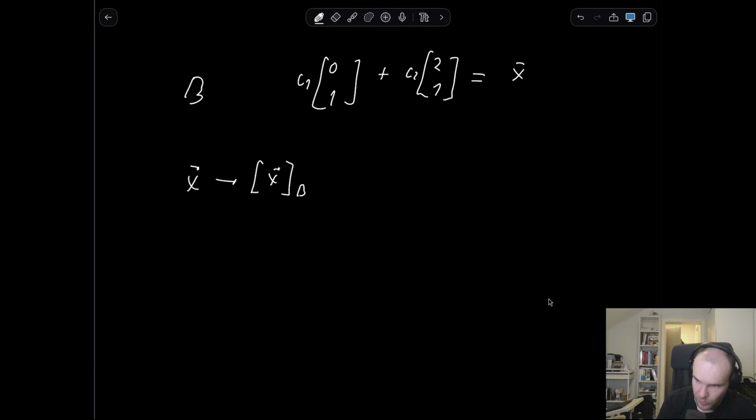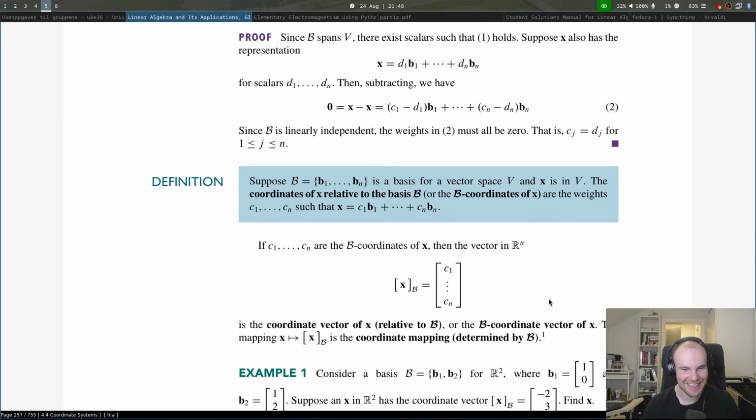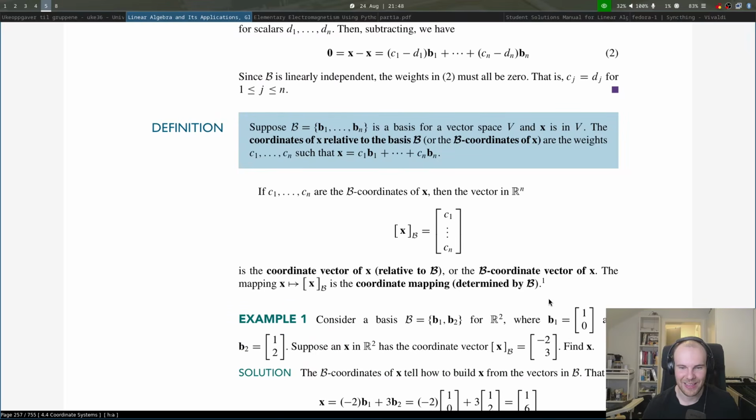That's what we want. Okay, now we can go to example one. Okay, so now let's go again. I can just copy this out so I don't have to mess around like I did.